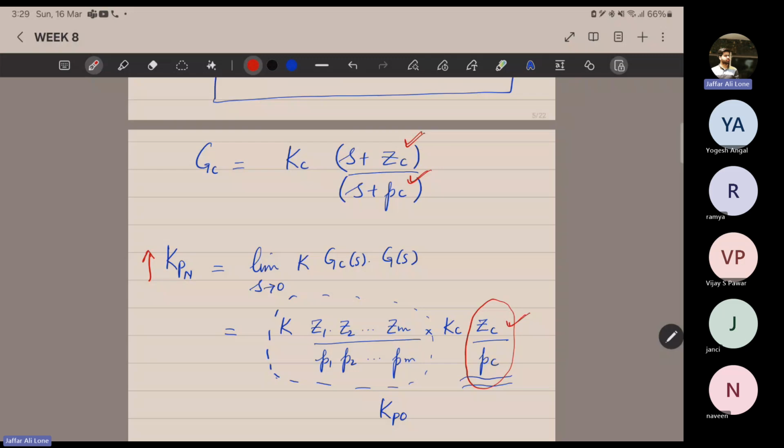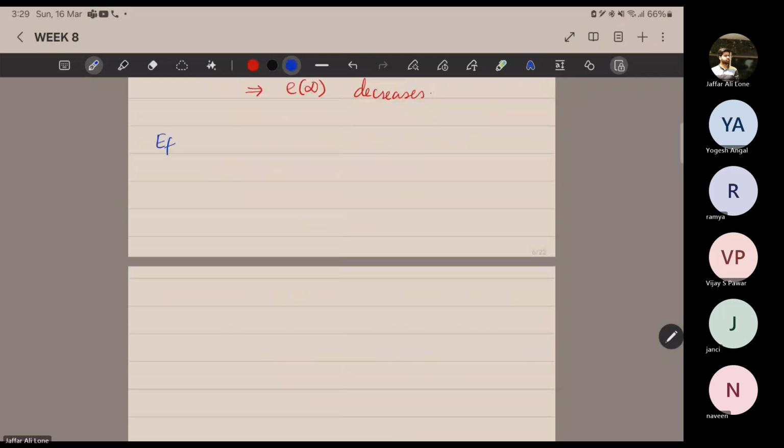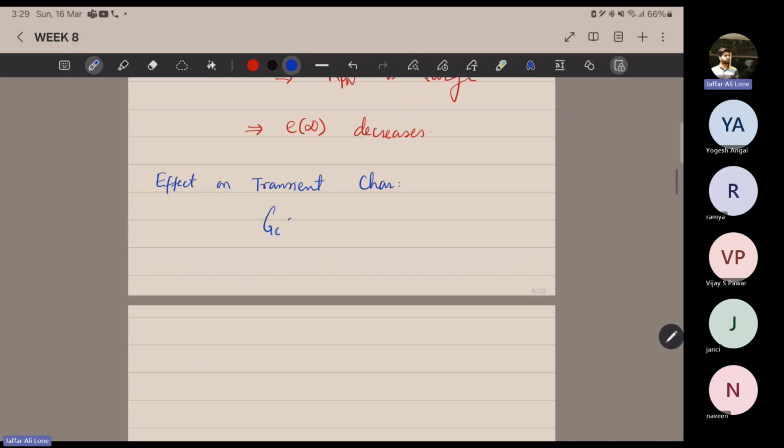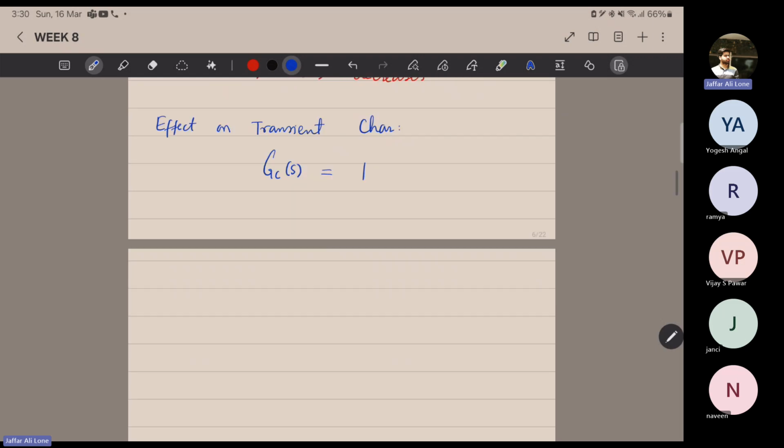Effect on transient characteristics. We have this Gc of s, that is the lag compensator transfer function. It's Kc (s plus Zc) divided by (s plus Pc).